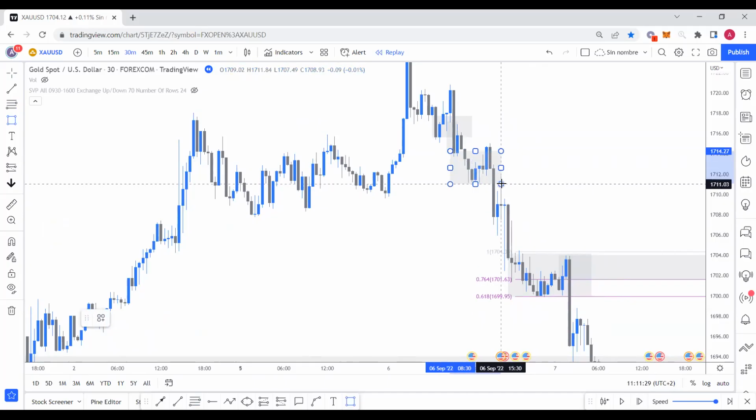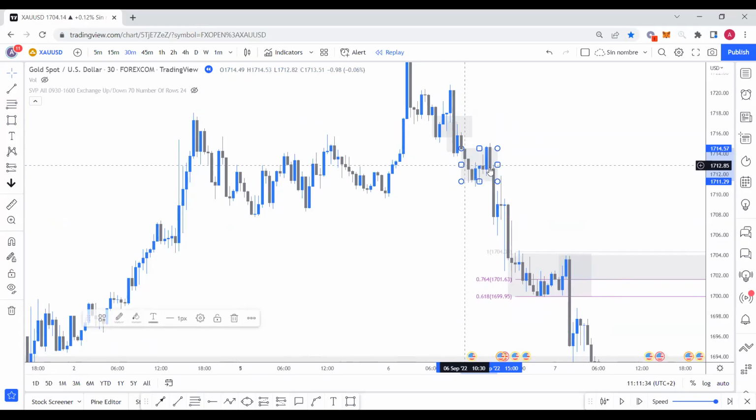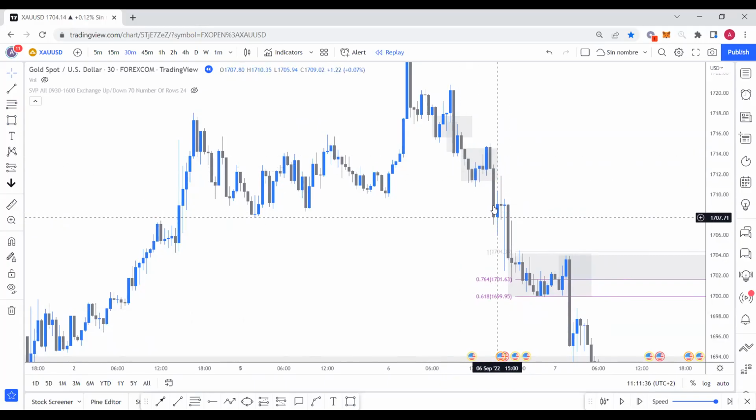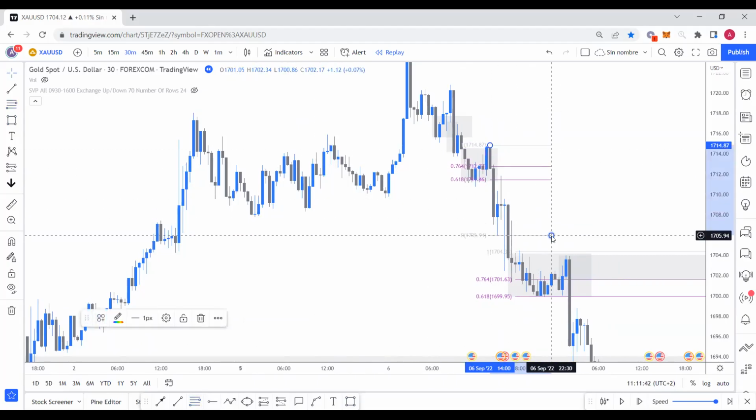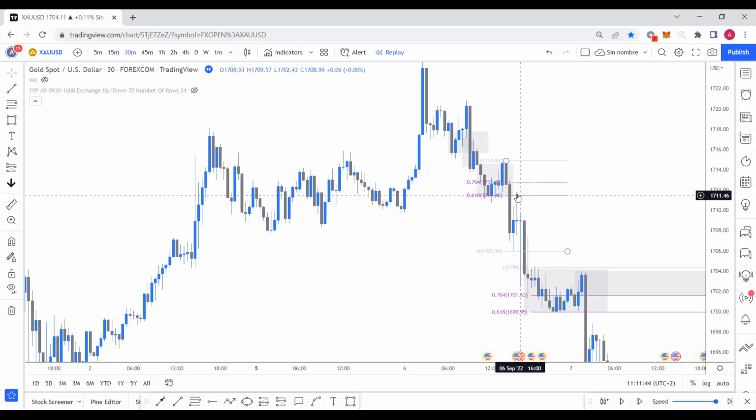See, price here created a range. Then price went to the downside. It created this imbalance. If we would have traced our Fibonacci right here, you see, we would have gotten a nice entry here. This was New York time, okay? This was New York session, and look at the respect during New York session.